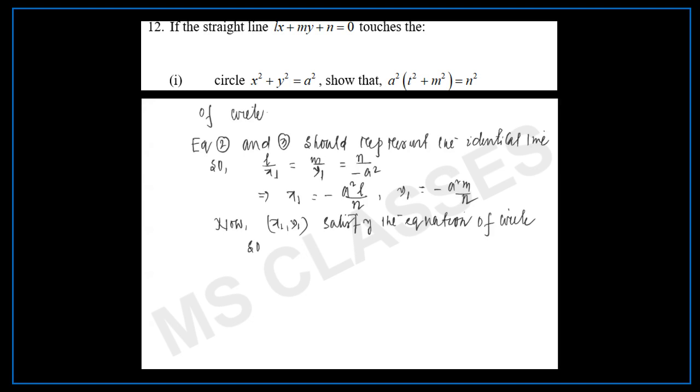So (minus a square L by n) whole square plus (minus a square m by n) whole square equal to a square. Now on further simplification, we get a square into (L square plus m square) equal to n square. Now which is the required condition.